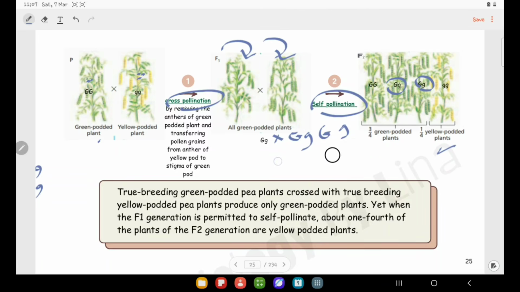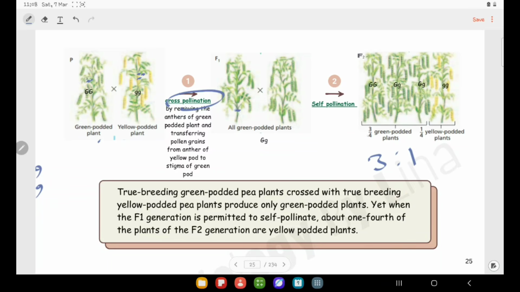So you can see in the F2 generation that he got them by self-pollination of the F1 generation, or we can say by self-pollination of parents that have the same traits. As you can see here, they are green. So the result is 3 to 1, which means 3/4 of them are green pod and 1/4 is yellow pod.